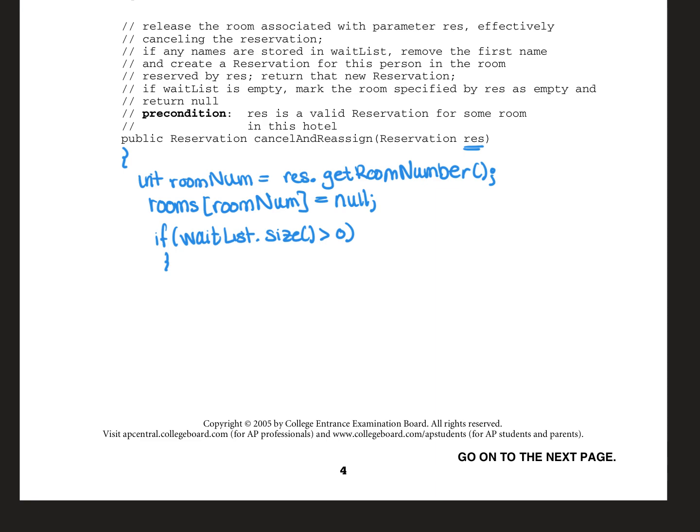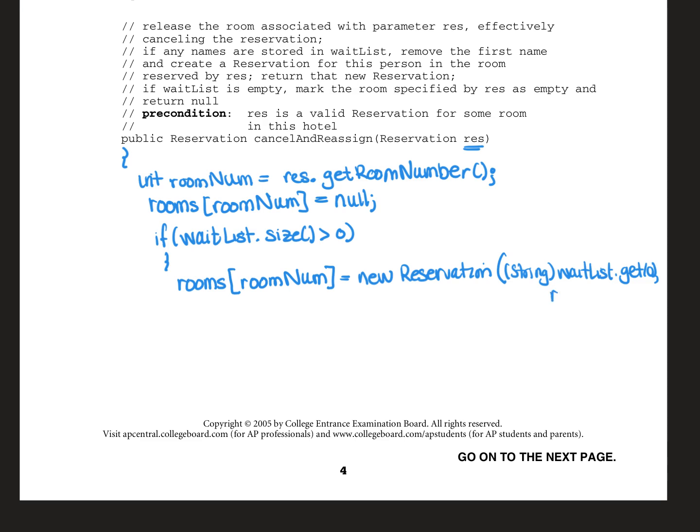So rooms at position room number is going to be a new reservation. And we're going to get the stuff from waitlist.get(0). We're going to cast that as a string. So String waitlist.get(0). That's going to be your name. And then you're going to pass in, of course, the room number.